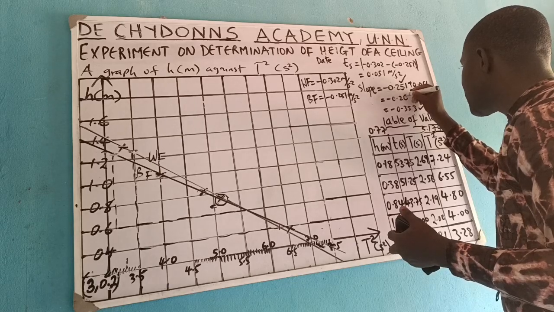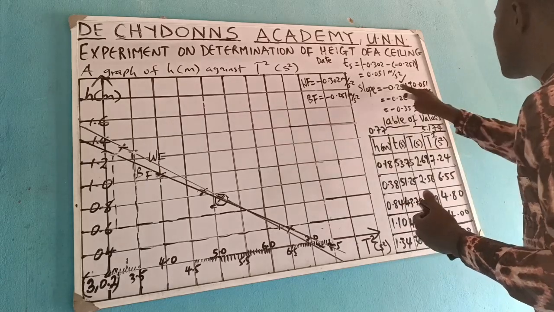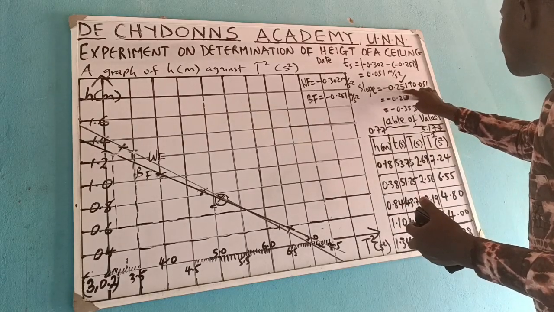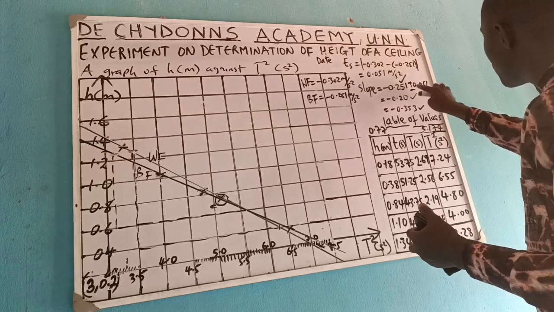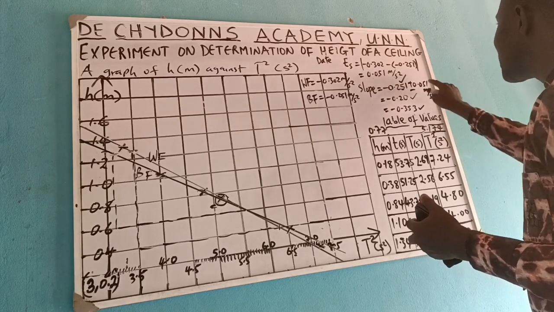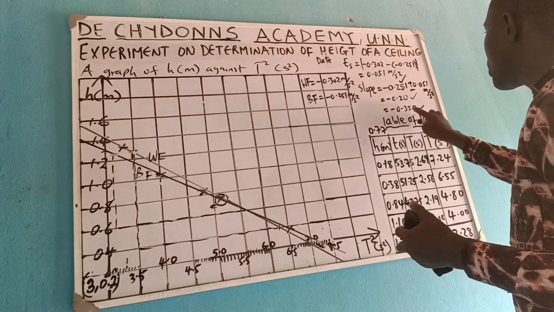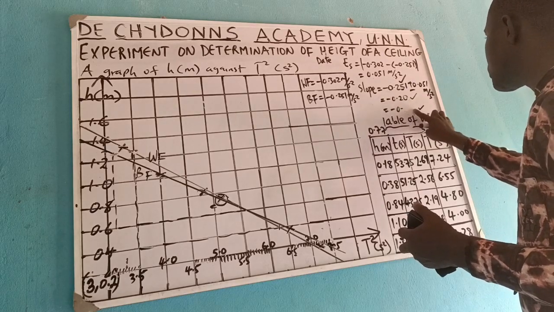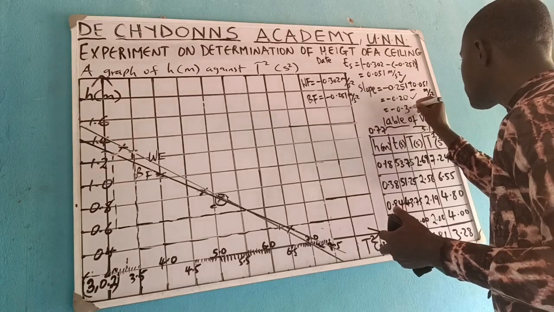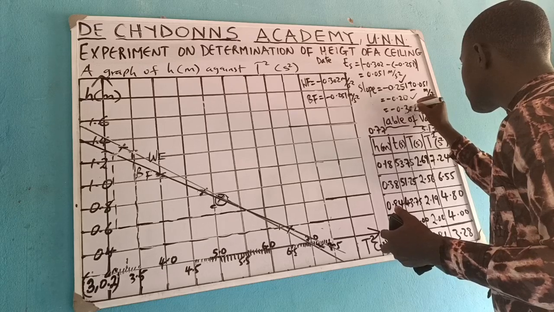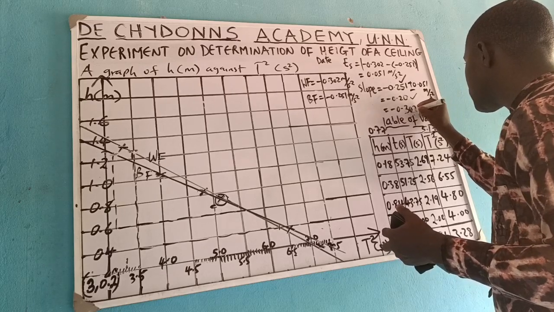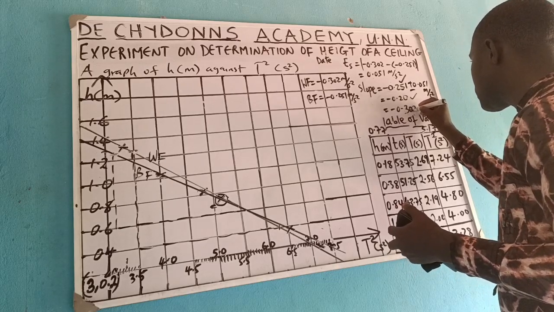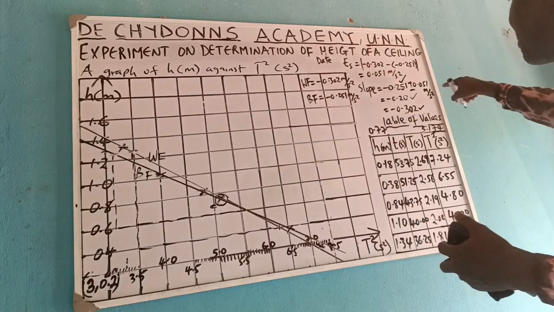You can see. Then minus 0.251 minus 0.051, that will be giving me minus 0.302. All of them are still in meters per second squared.